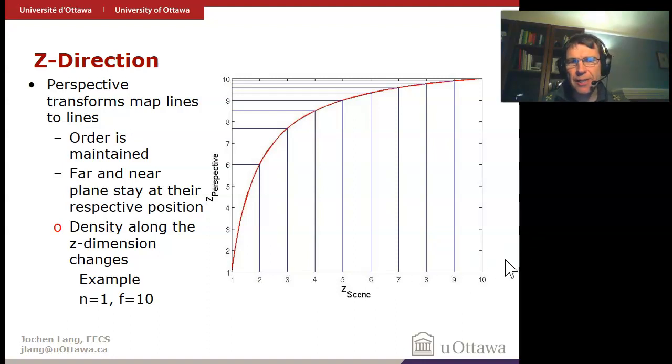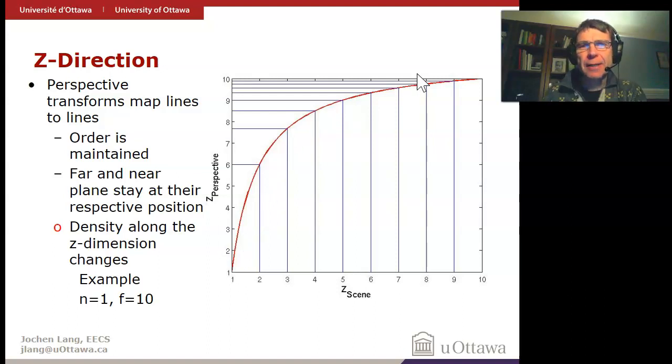So here 1 to 10 is my scene depth. Now with that formula which we just looked at, we said that the far plane 10 maps to 10. Right? The far plane stays unchanged. And sure enough, if I go up here, see where this red curve is, and I go to the side, I get a 10 here. And then the near plane maps to the near plane. So if I start at 1, I come out at 1.